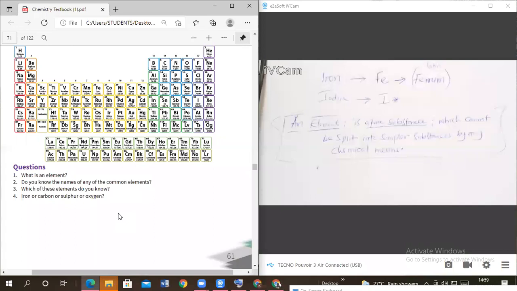Only? Check properly. In the first 20 elements, we have carbon and oxygen. What about sulfur? Yeah, sulfur is there. It is only iron that is mixed up here in the transition elements. It is somewhere here, it's 26. Is it clear now?